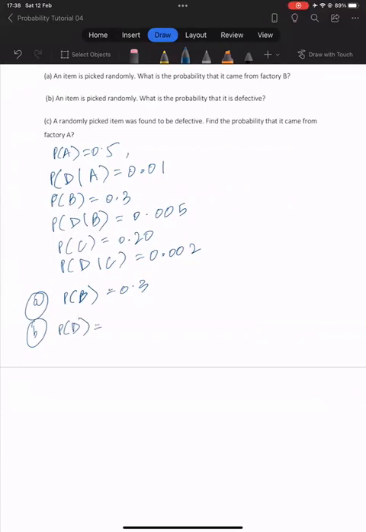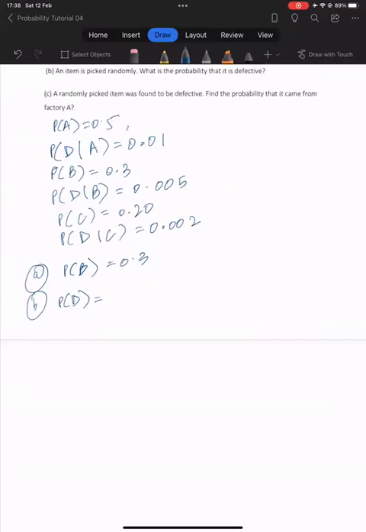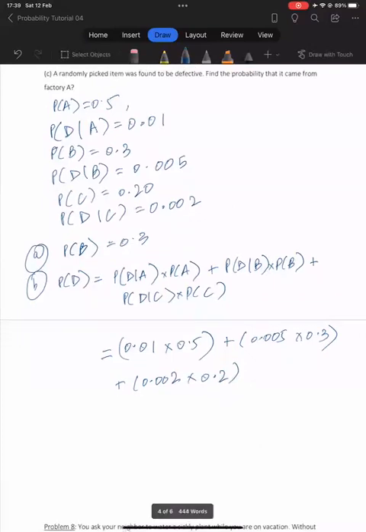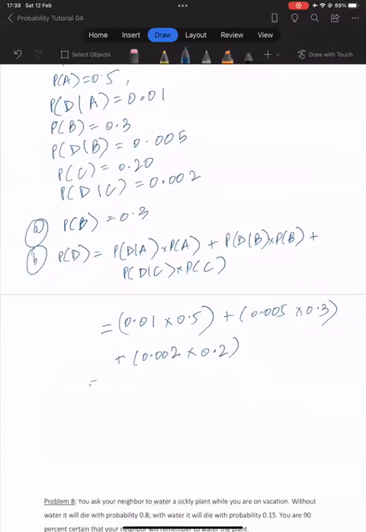We know it can be defective in 3 cases. के पहले if it's produced by A, then it can also be defective if it's produced by B, and then the same for C. So we should do this for A, then it will come 0.01 into 0.5 plus 0.005 into 0.3 plus 0.002 into 0.2, and it should come out to be 0.0069.